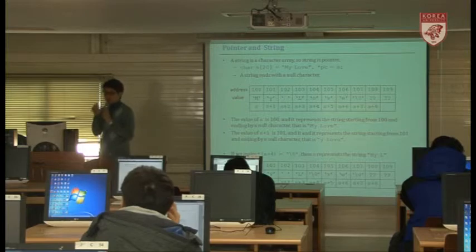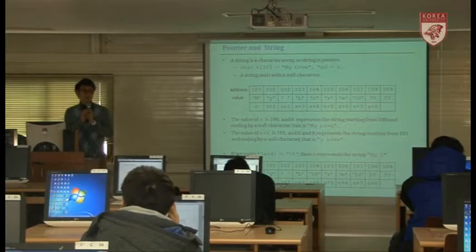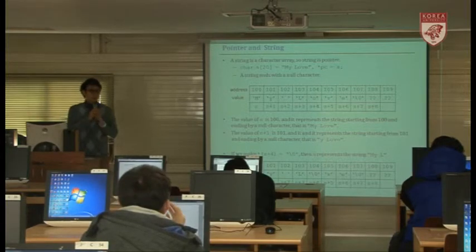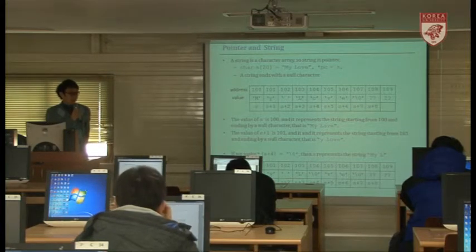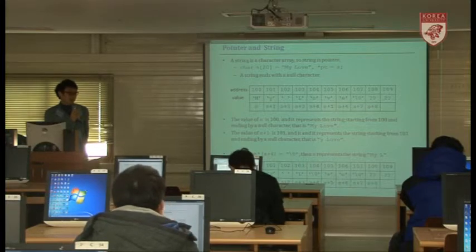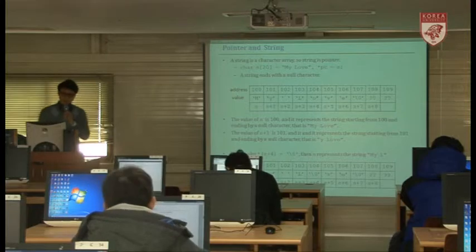However, if we store it as a string, it takes 7 plus 1, 8 spaces, because it should include the last null character that indicates the end of the string.